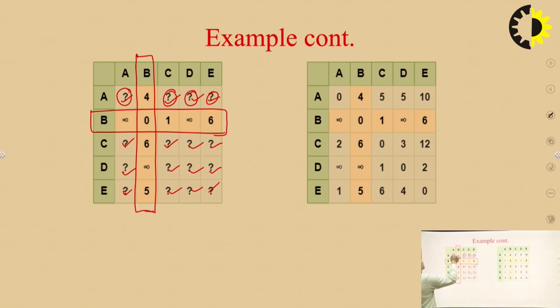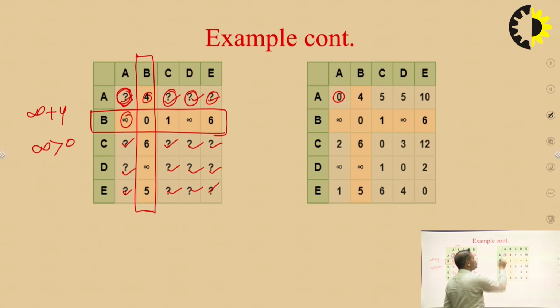Here the previous value is 0, and by using this vertical and horizontal cell, here 4 and here infinity. 4 plus infinity, the infinity is greater than 0, so we do not change the value of this cell. We write 0 here.